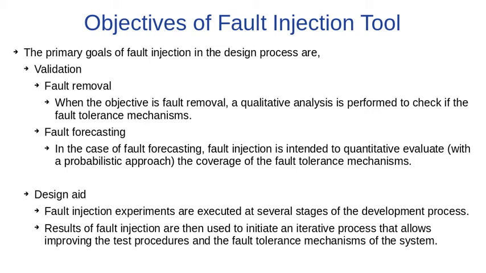When the objective of a fault injection tool is fault removal, a qualitative analysis is performed to check if the fault tolerant mechanism is okay or you need to improve it. In the case of fault forecasting, fault injection is intended to quantitatively evaluate with a probabilistic approach. The coverage of the fault tolerance mechanism is evaluated.